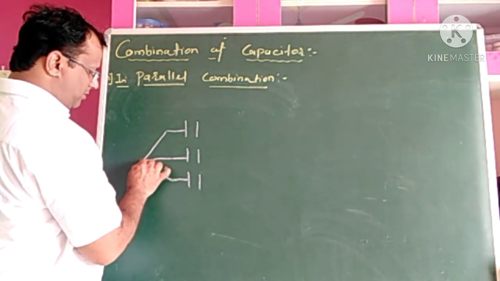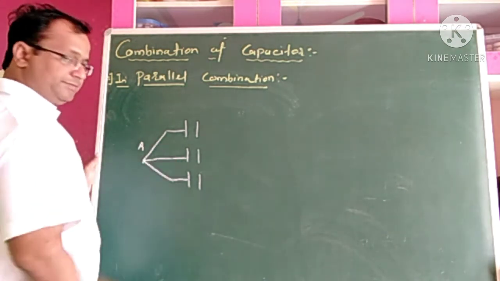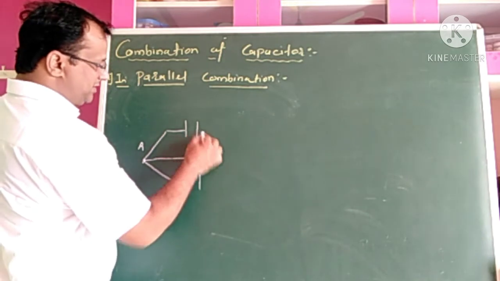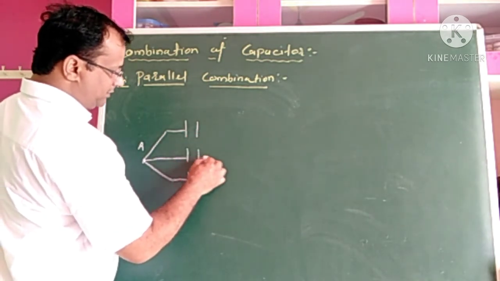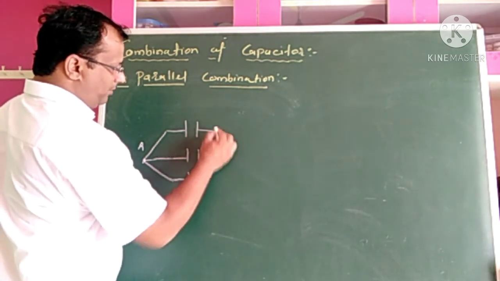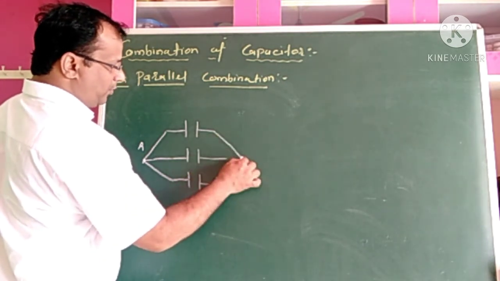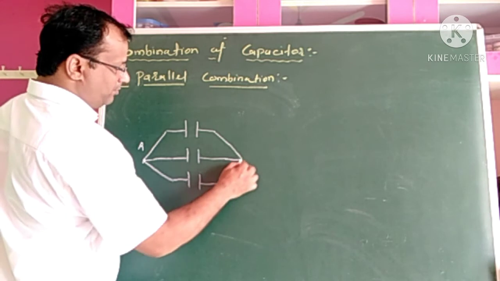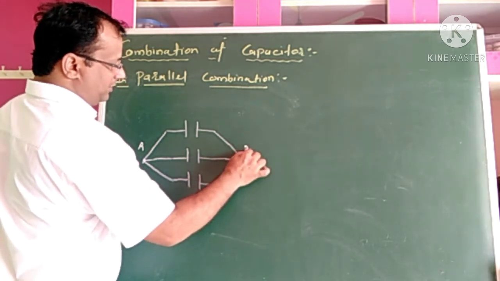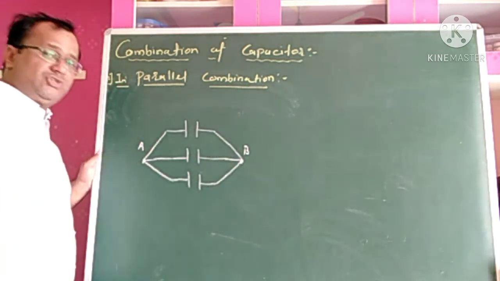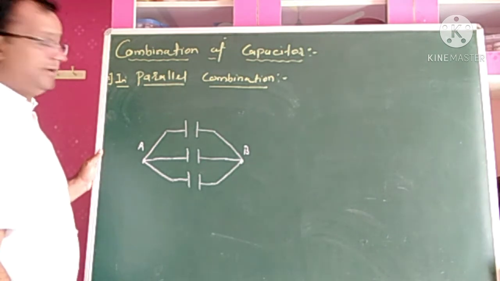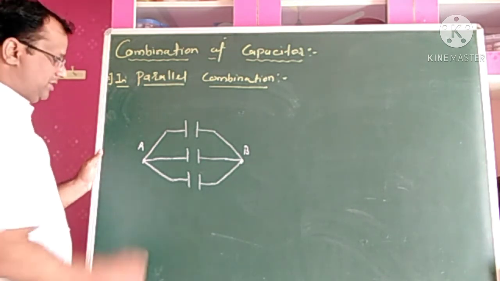Suppose the common point is A. Similarly, the second plate of each capacitor is connected to a common point, suppose that common point is B, right? Then such a combination is called the parallel combination.